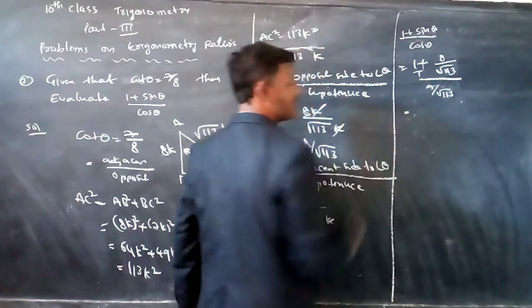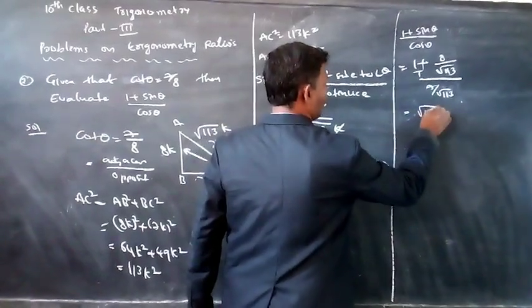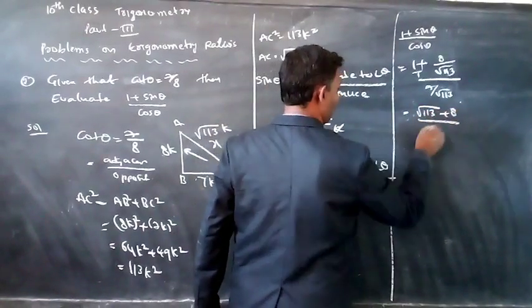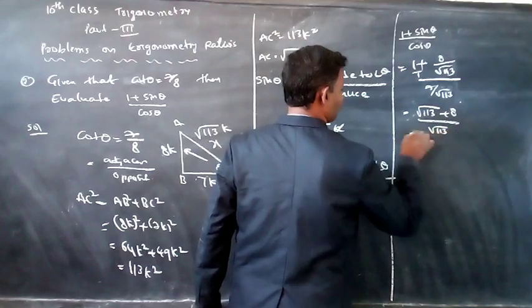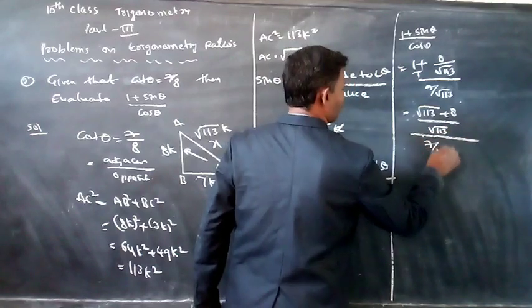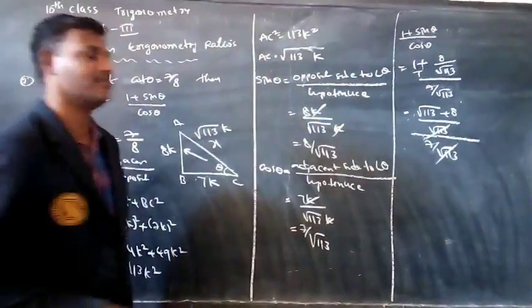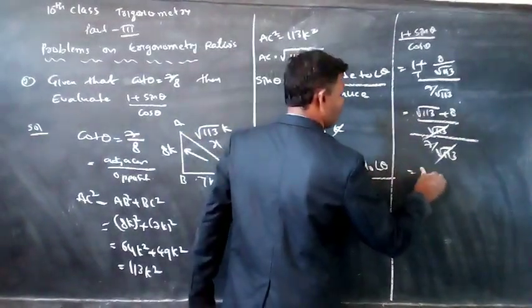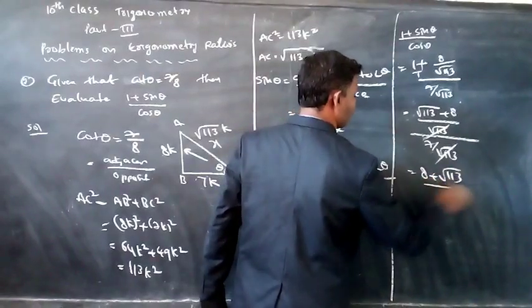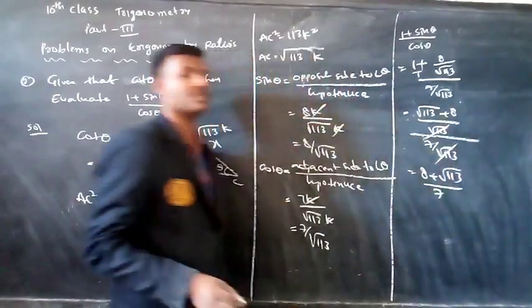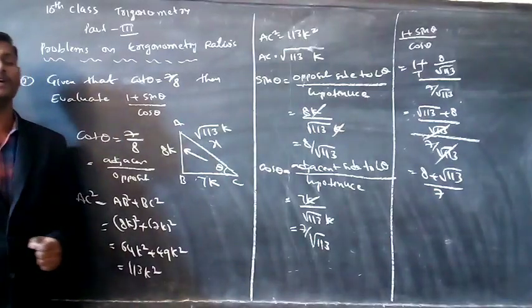After taking the LCM, what do we get? (root 113 plus 8) by root 113, divided by 7 by root 113. Root 113 gets cancelled. What is the answer here? (8 plus root 113) by 7. So this is the answer of (1 plus sin theta) by cos theta.